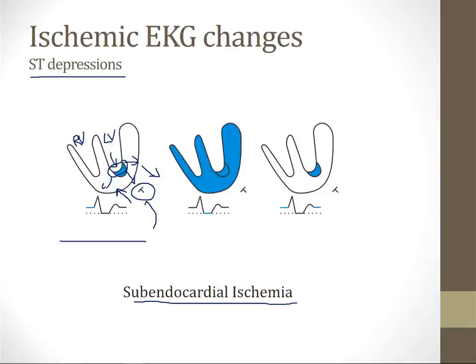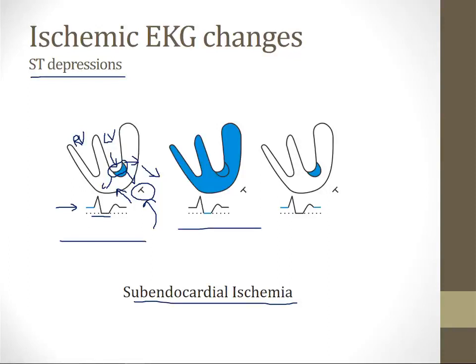What that's going to do in terms of this ECG lead here is it's going to elevate the baseline of the ECG. The dotted line here is where the normal baseline should be, but the baseline for the heart with subendocardial ischemia is up in the air or elevated. And the reason for that is because the subendocardial section of myocardium is depolarized at rest, and it's creating little waves of depolarization moving away from it. When the heart depolarizes, the whole thing becomes blue, not just the little portion of subendocardial ischemia, but everything becomes blue.